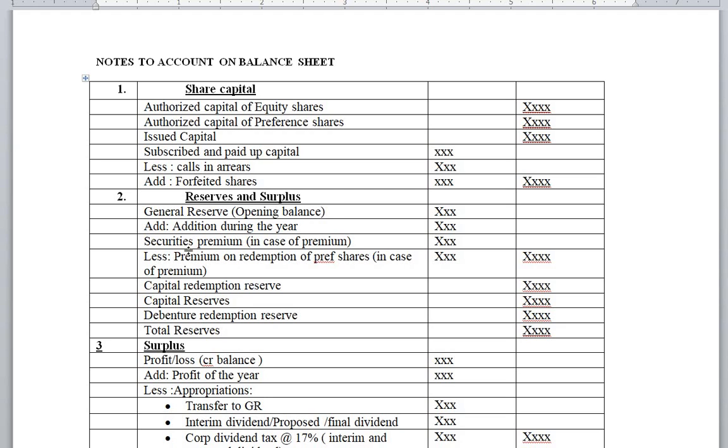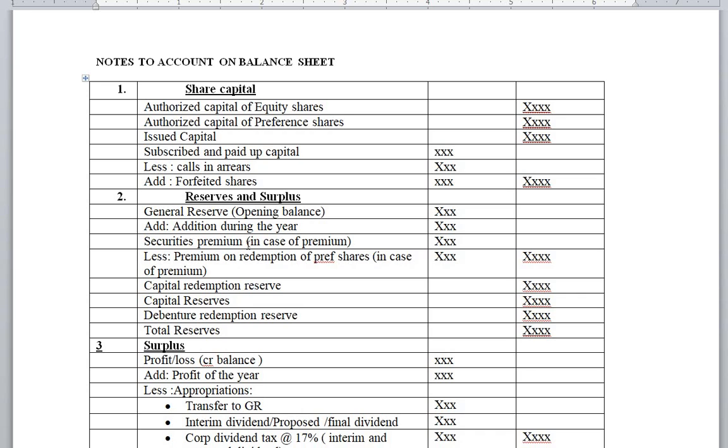Okay. And securities premium. Every time shares are issued to the public, maybe they will be issued at par, or issued at a discount, which is an amount lesser than the par amount or the actual amount. Sometimes they will be issued at a premium.